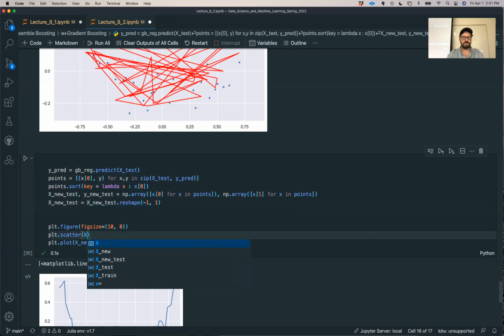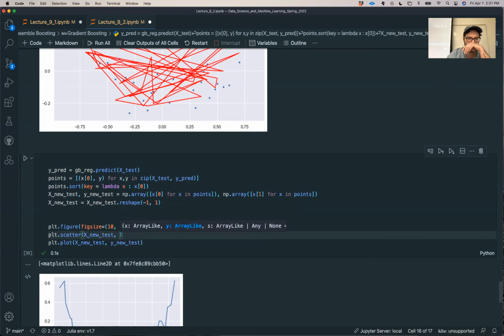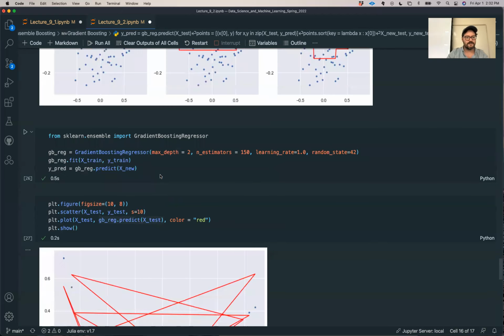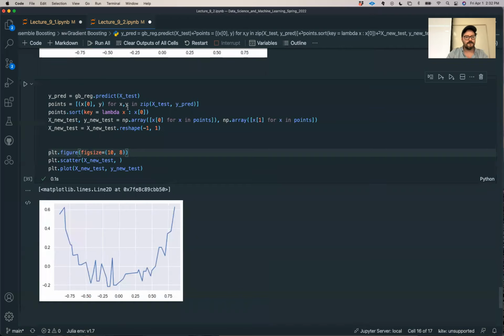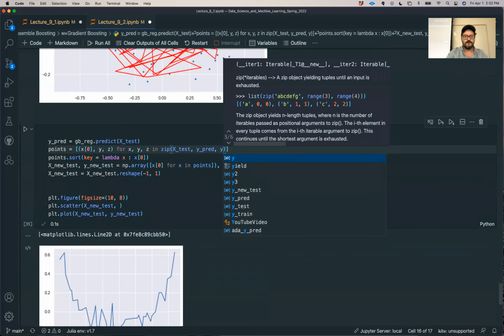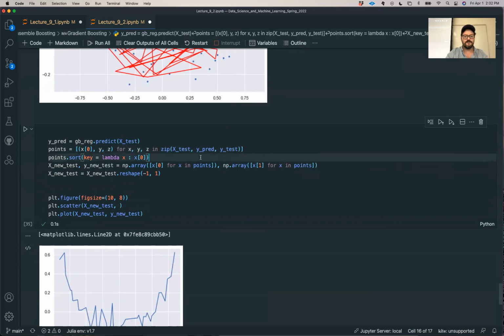And then I'm going to scatter x new test, comma. Well, in any case, I have x, y, z. And then here I'll put in y test, so they're all together.